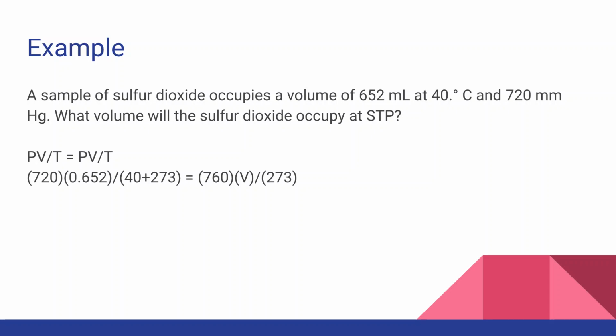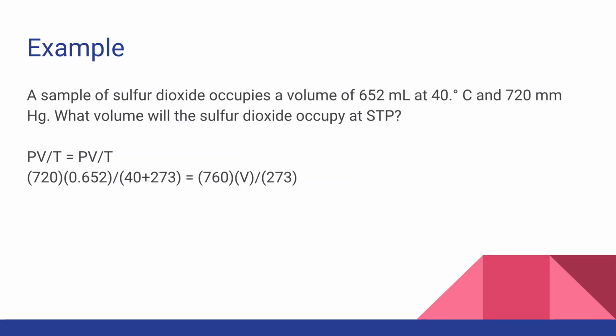The volume would be 652 milliliters, but we must convert that to liters, so it'd be 0.652 liters, divided by the temperature. The temperature is 40 degrees, but we must convert that to Kelvin, so we add 273 to that.